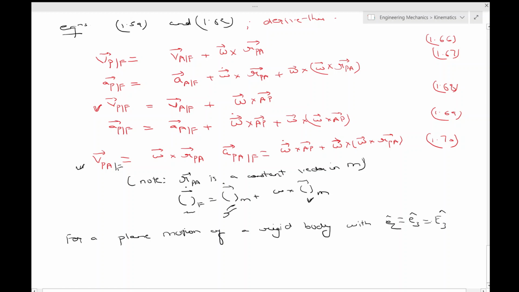So I hope you know that the small E3 is attached to the M frame and the big E3 is attached to the F frame. So omega will be equal to omega Ez.